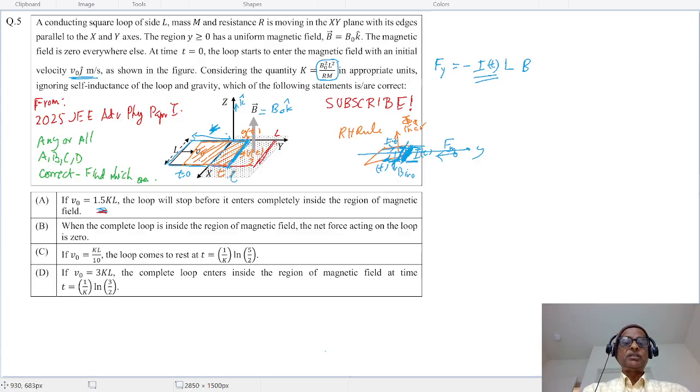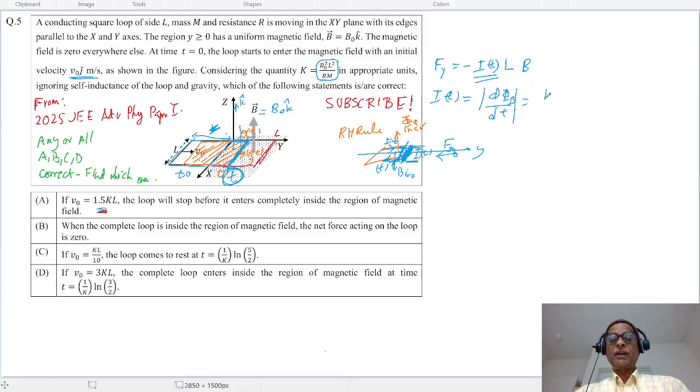So at an arbitrary instant t, we write the equation of motion. This is the force, and then I of t will simply be, I already took the direction into account, so I don't need to worry about the minus sign here. So we'll just use d phi B dt over the resistance, and B is perpendicular to the loop area.